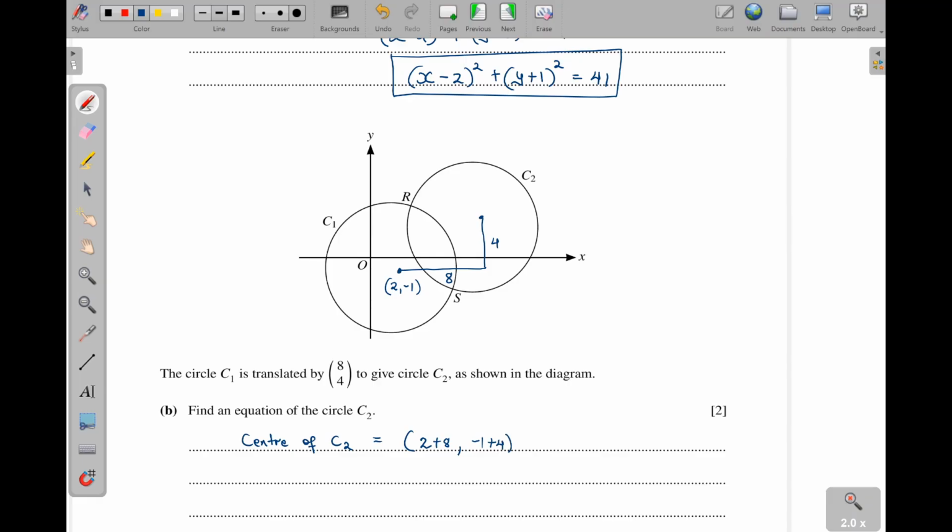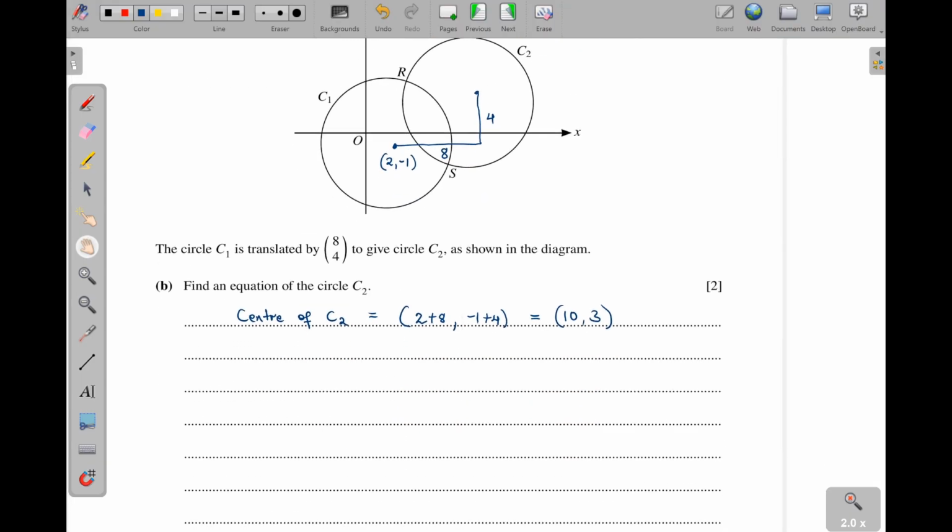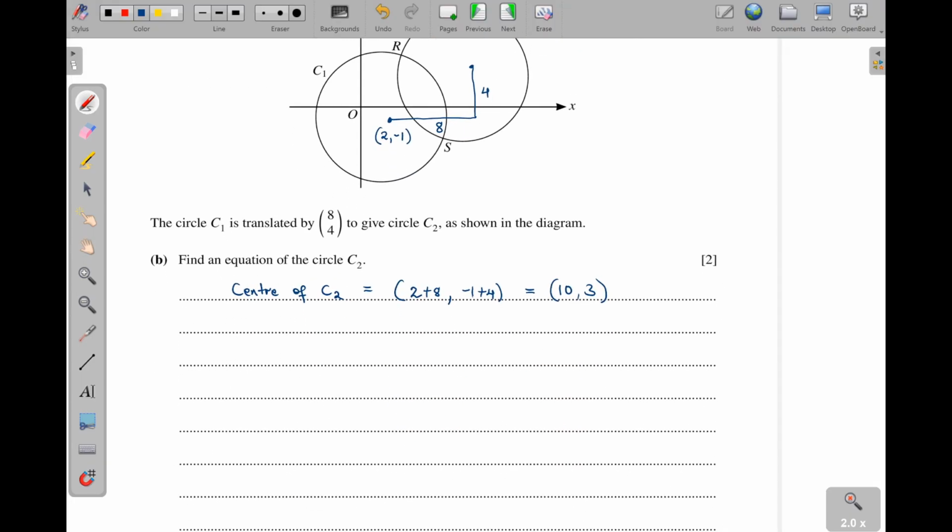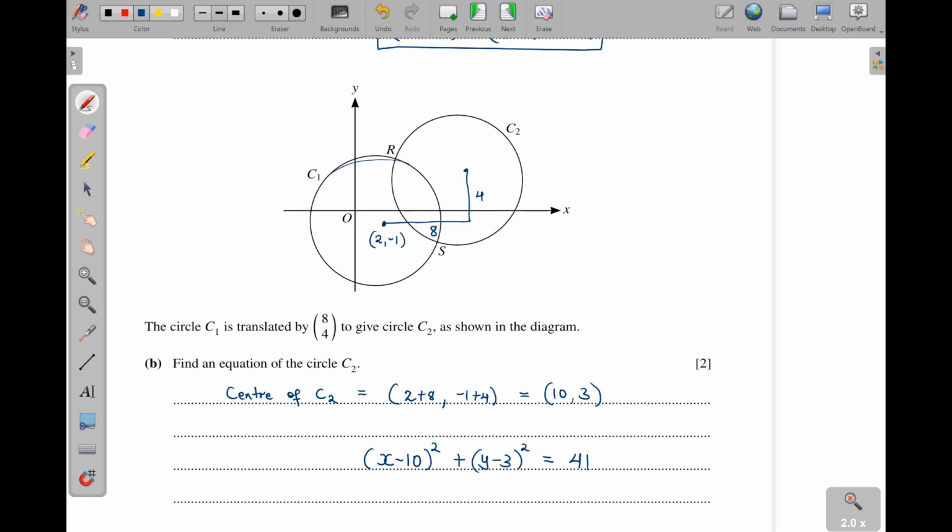And then we are going to have this one as 10, and then 3. Then that means that the equation of the circle here is going to be x minus 10 squared, plus y minus 3 squared, which is equal to r squared. So it will still be 41 because you just shifted this one to there. So the radius never changed, okay?